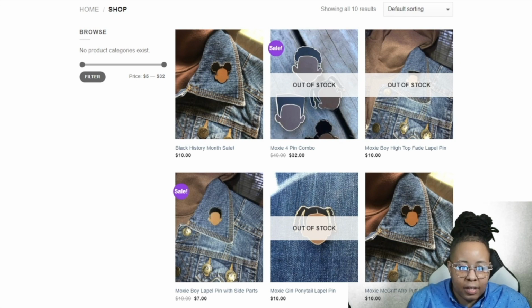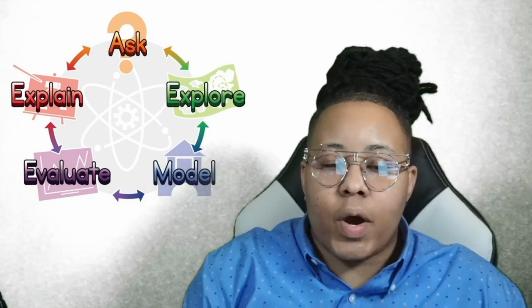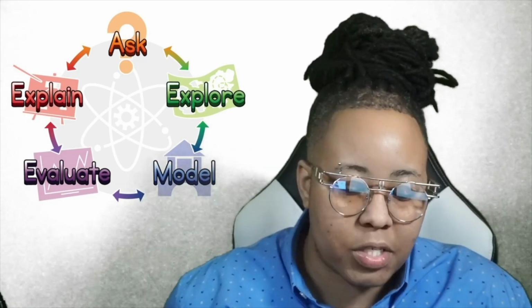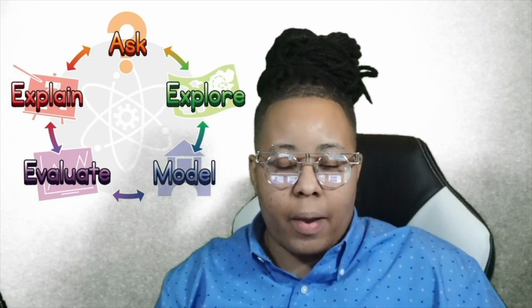So, at this point, let's go ahead and jump back into the design process. And let's take a look at some ways that we can solve a problem. So remember that the first thing that you do in the design process is you ask a question. And oftentimes this question will start with a problem.